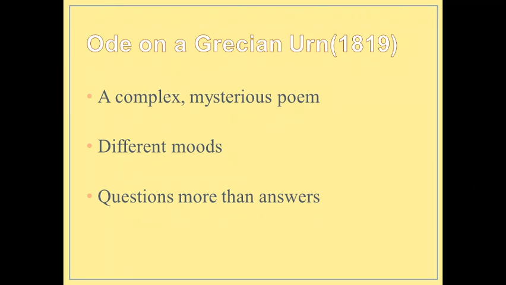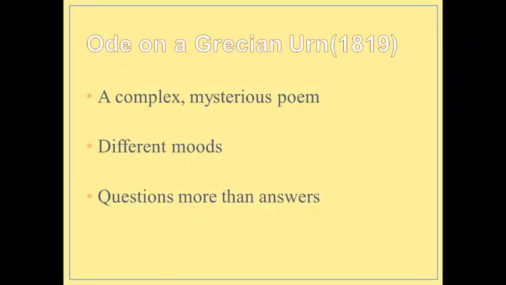They seem to have captured life in its fullness, and yet are frozen in time. The speaker's response shifts through different moods, and ultimately the urn provokes questions more than it provides answers. The poem's ending has been and remains the subject of varied interpretation.